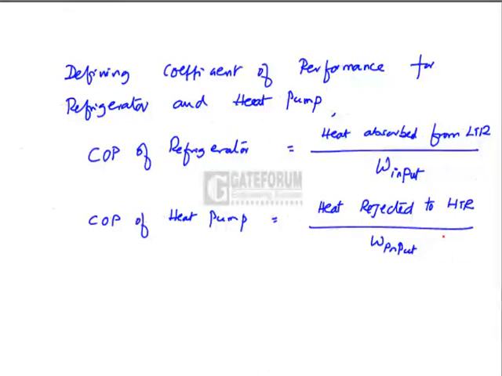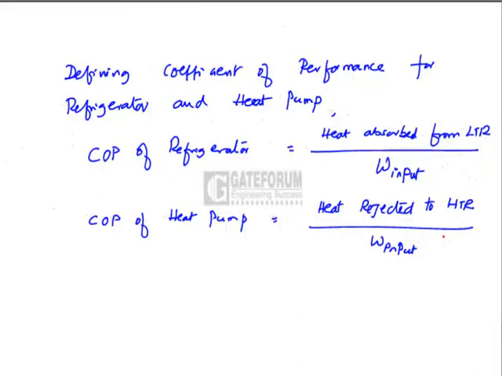Here it is important to note that refrigerator always tries to maintain a low temperature with respect to the hotter surroundings, whereas heat pump would always like to maintain a high temperature with respect to the colder environment.